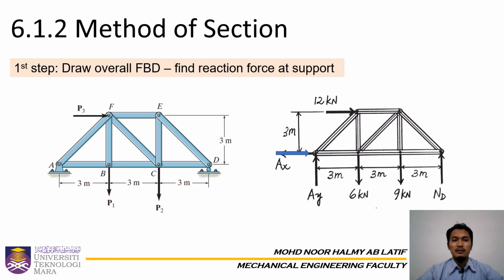The first step is to draw the overall free body diagram in order to find the reaction force at the support. We identify the type of support that we have, which is pin and roller. So at A, we're going to have two reactions, which is AX and AY.